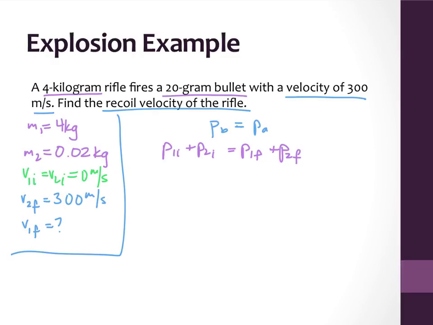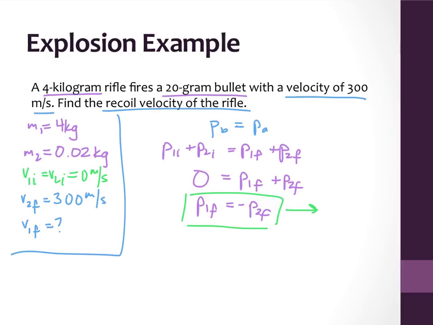They're both at rest, so it's 0 on this left side, so we get this. Notice right here, this is characteristic of explosion examples. Any explosion collision problem has this sort of thing. They're likely going to go off in opposite directions. That's why the negative sign is there. But they're going to have equal magnitudes. This is only for explosion examples.